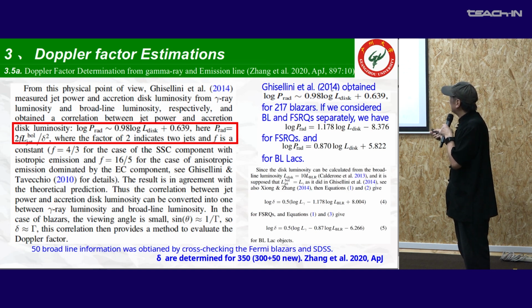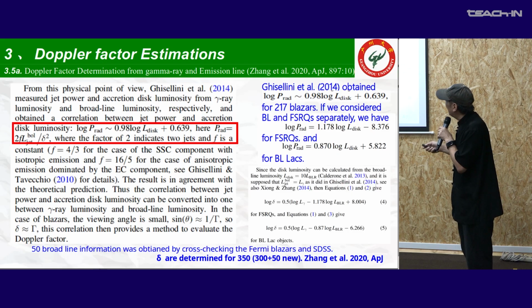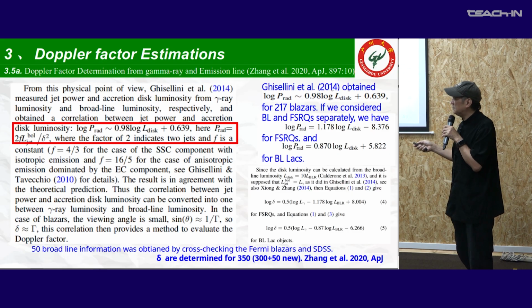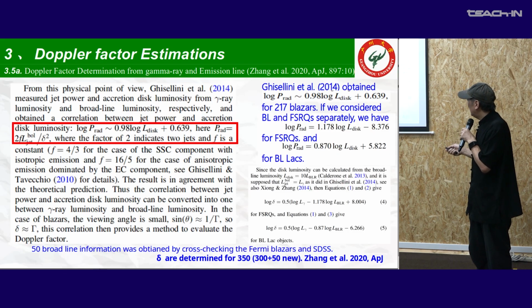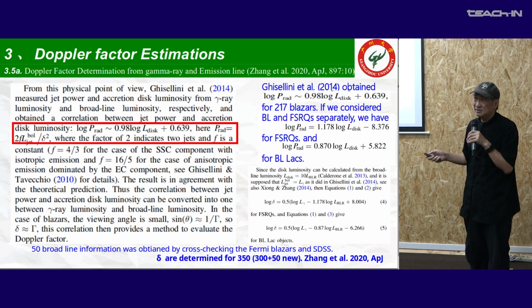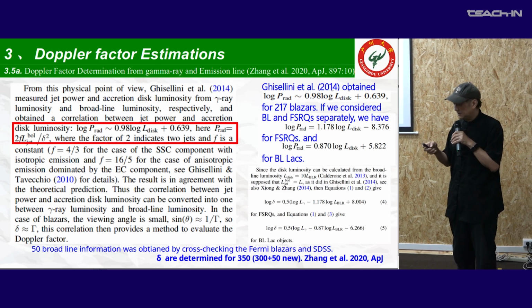So if we use gamma ray luminosity to replace this one, and the emission line luminosity to replace this one, we can get the Doppler factor. So this is our consideration, and we can get two formulas, one for FSRQs, another for BL Lac objects. So we can use this to get the Doppler factor.